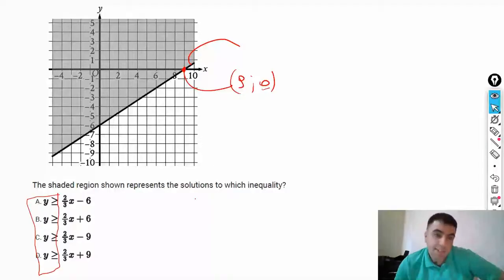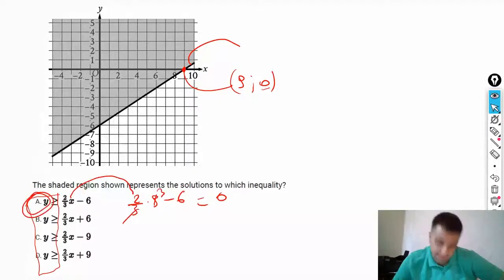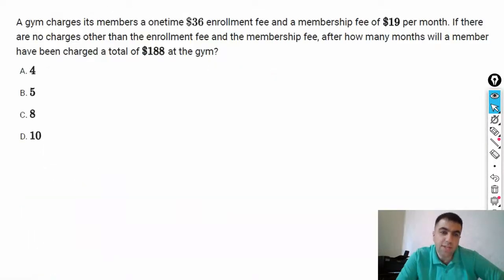Yeah, this is A. If we write the 9 in the place of x, 9 minus 6 is equal to what? 0. This is A. Let's continue with the next question.